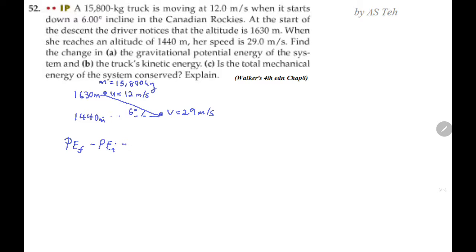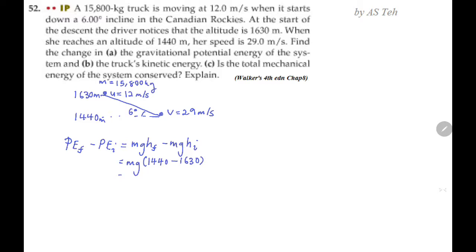That would give me mgh final minus mgh initial. And what we have here is mg. So h final is at the bottom where it's 1440 meters high, while initial is actually at 1630.